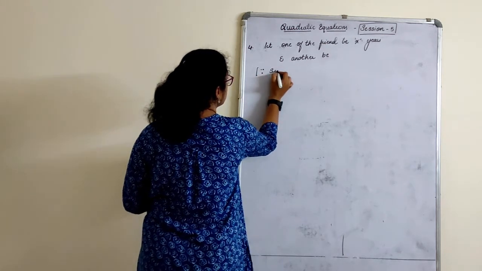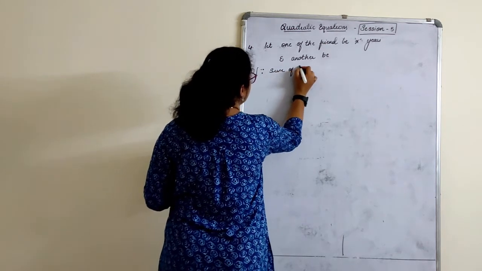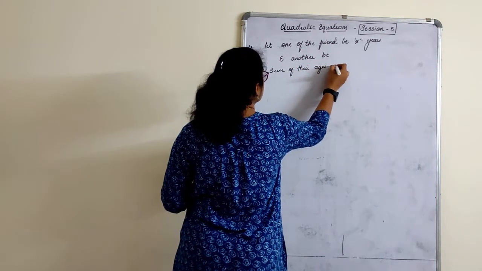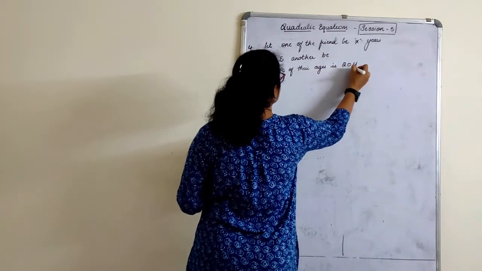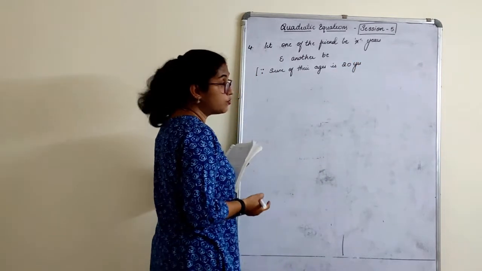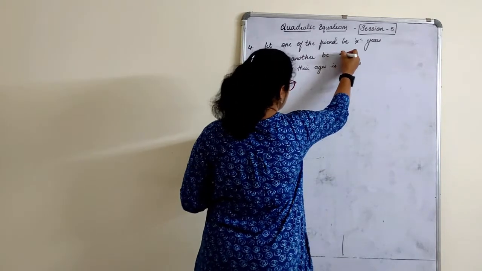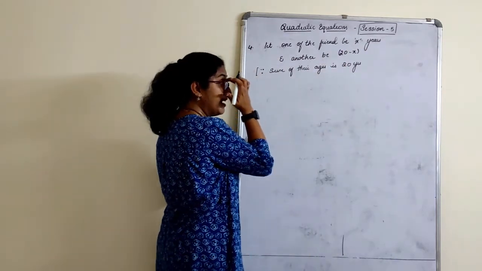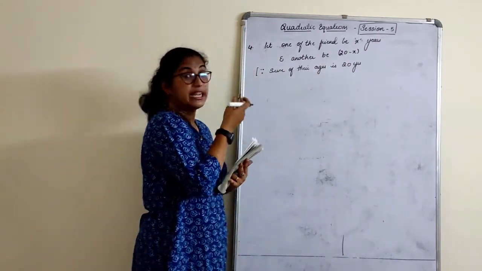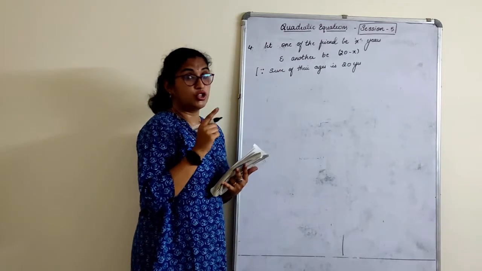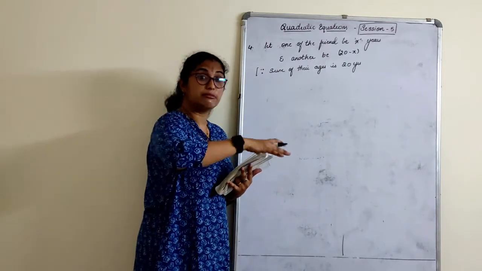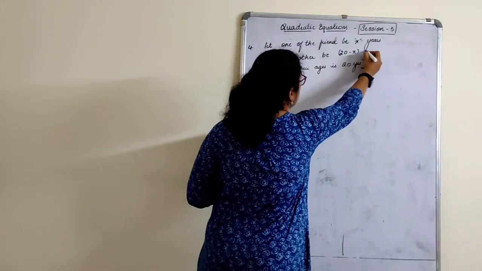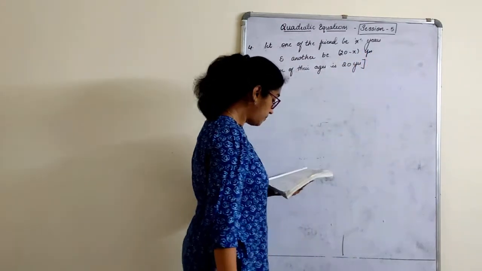Because the sum of their ages is 20 years, it has to be 20 minus x. Why? Because if I add 20 minus x and x, I get 20. Always write the reason for the conclusion, x minus 20 or 20 minus x. Write down this reason, and automatically you will understand what you have to write here.